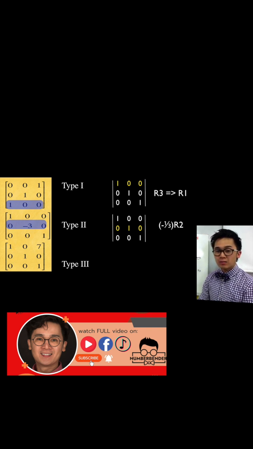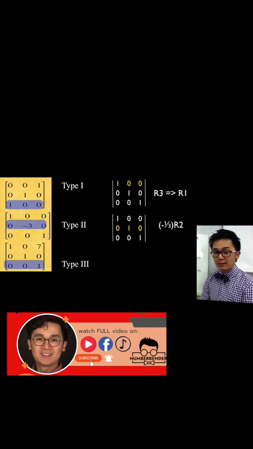Now for type 3, even though we already have a main diagonal of 1, 1, 1, we still want to make this an identity matrix, and by doing type 3 elementary row operation, we'll be able to achieve that. To do that, we're going to multiply a number to row 3 and add it to row 1 to change it into 0.